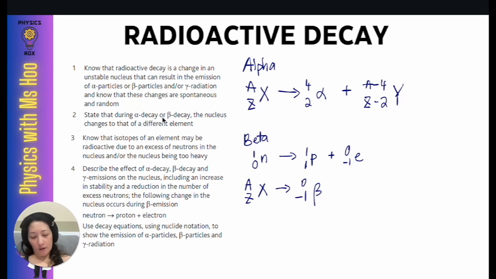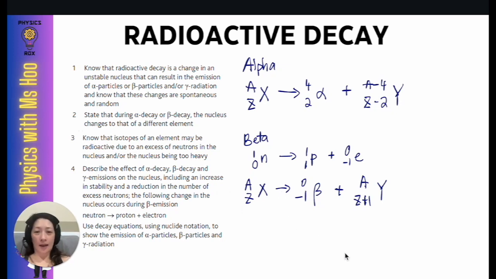The number of nucleons would remain the same because although the source has lost one neutron, it's gained one proton, so it balances out. But the number of protons would have changed. It would have increased by 1. And a change in the proton number will cause the element to change. So I'm going to write Y in this case to represent a different element from the original X.